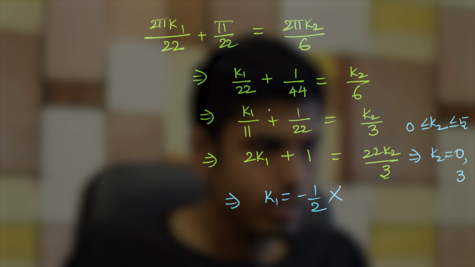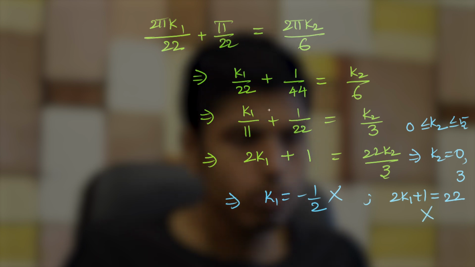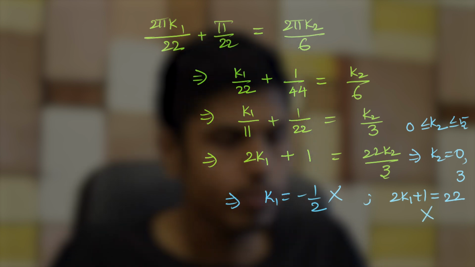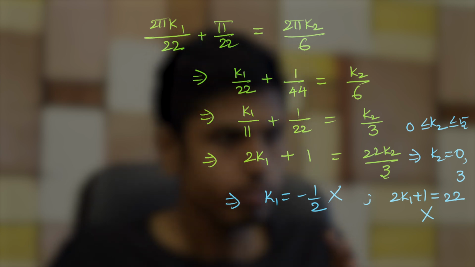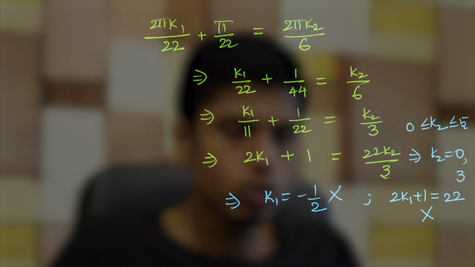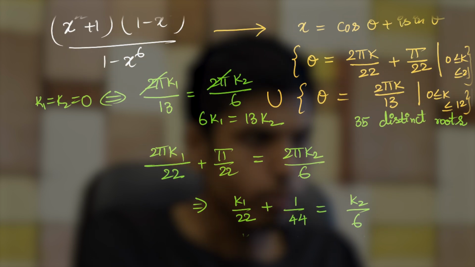Now if k2 equals 3, then one would get 2k1 plus 1 is equal to 22. And that is also not allowed, because 2k1 plus 1 is an odd number, whereas 22 is even. So there are no matching roots between these two polynomials. Thus, we need not subtract.